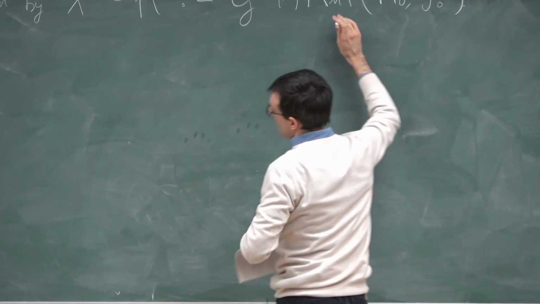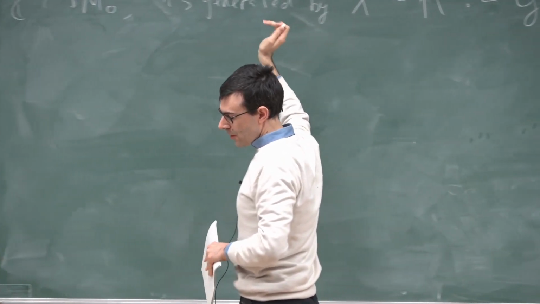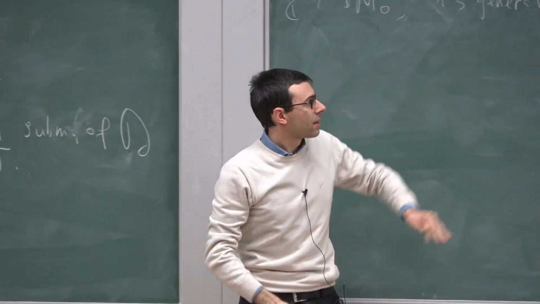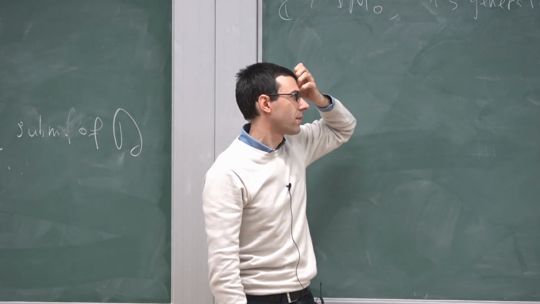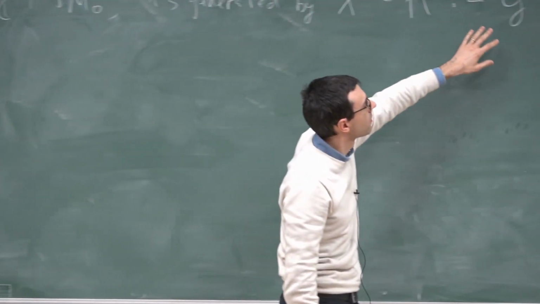So it's biholomorphisms of M naught into itself which are also exact symplectomorphisms of omega naught.